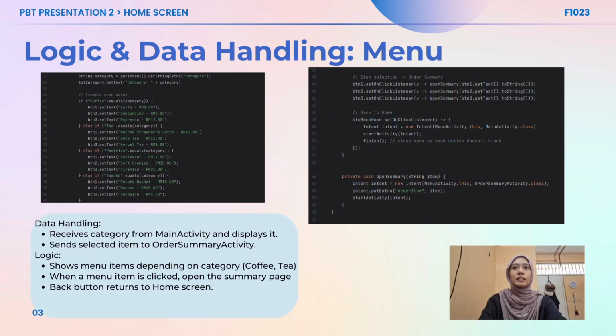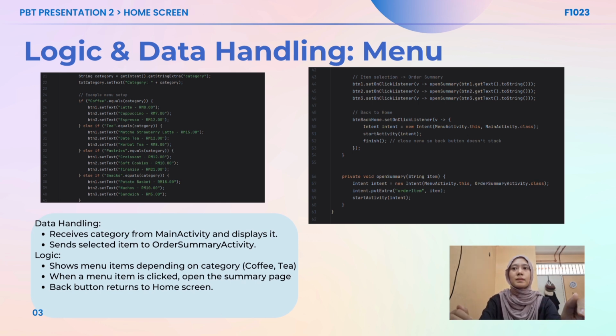Okay, the next page is the logic and data handling for the menu. In the menu activity, we first receive the category from home using getStringExtra. Based on that category, the code shows the right menu items like coffee or tea.